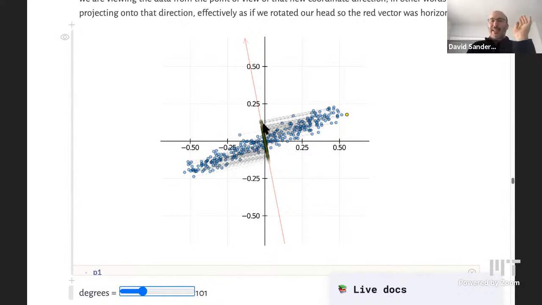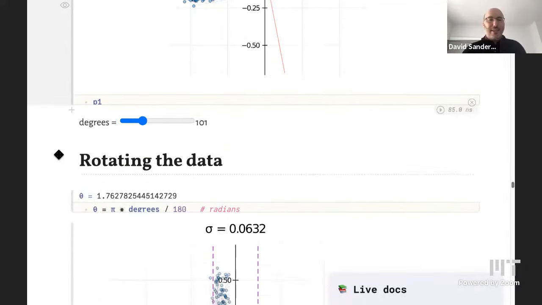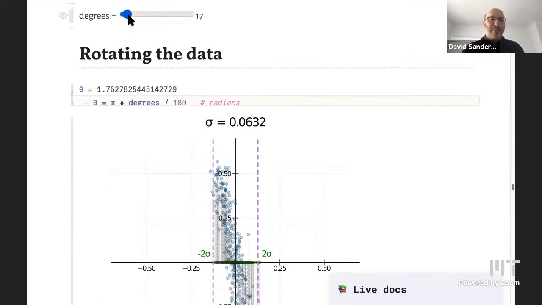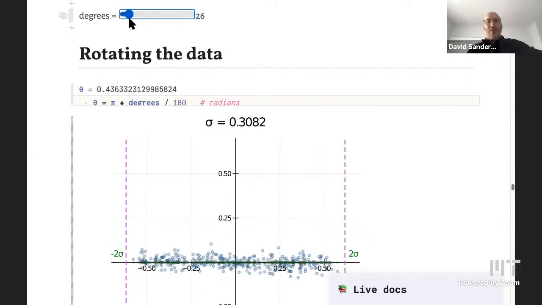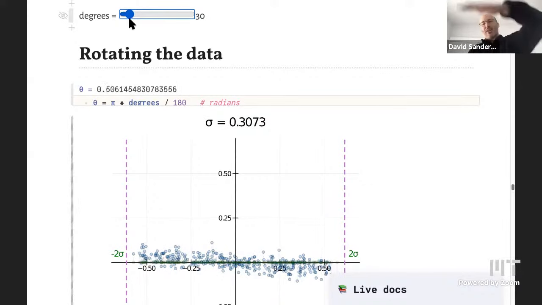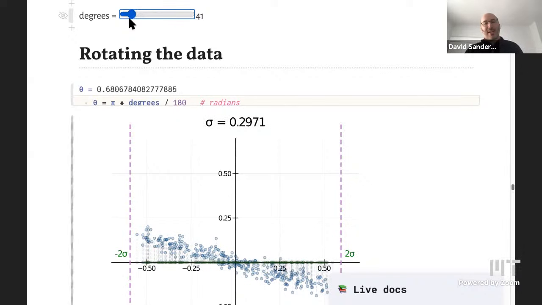We're rotating an axis. But an alternative way, which is equivalent, is instead of rotating the axis, let's rotate the data. So here's the same picture, but now I'm rotating the data. I'm fixing the horizontal x-axis now as what was the red arrow above, and the data is rotating.